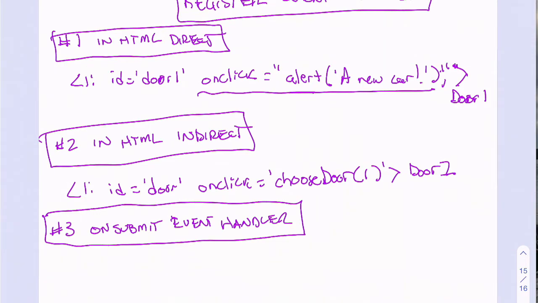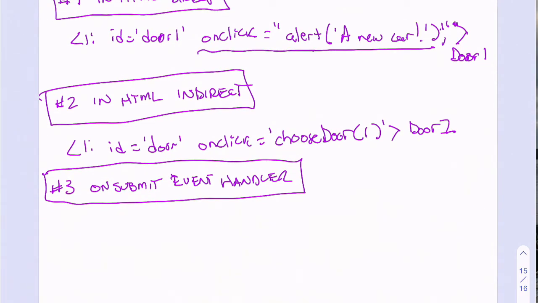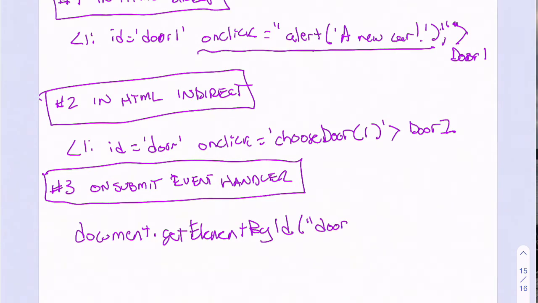So there's no code in the HTML that has any JavaScript in it, which is awesome, except for the link to the door.js file. Okay, so what would that look like? That would look like this. We're going to say in JavaScript, document dot getElementById door1. So that will get us the door 1 element.